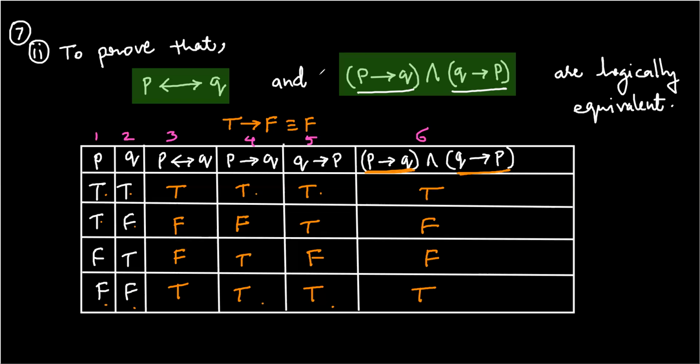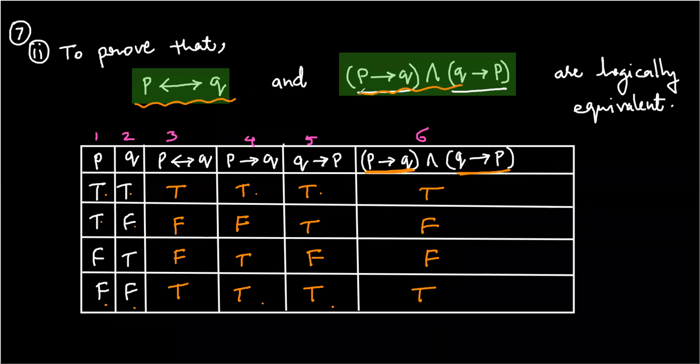Now check this and you will know whether the given two statement patterns are logically equivalent. So where is this? It is in column number 3. And where is this? This is column number 6. Look at column number 3 and column number 6.